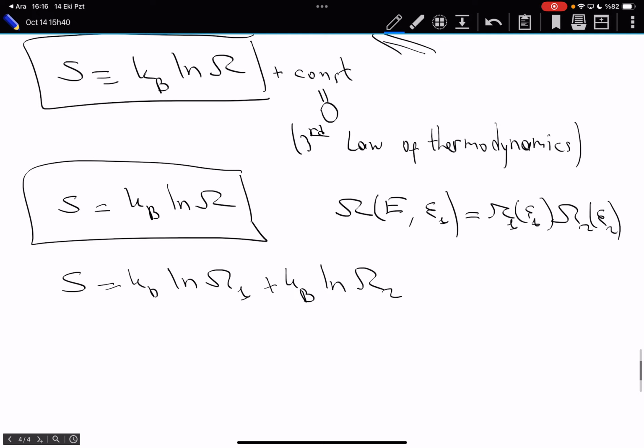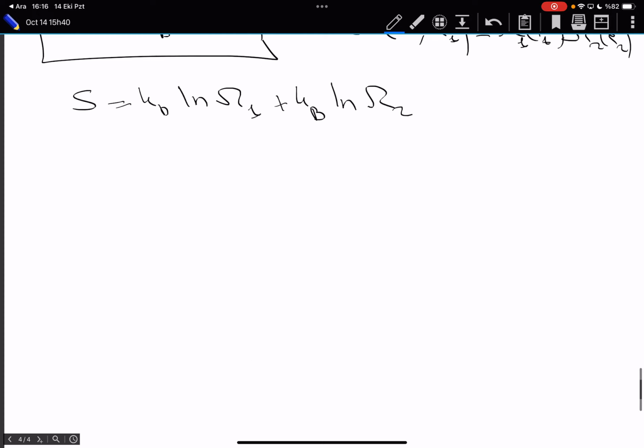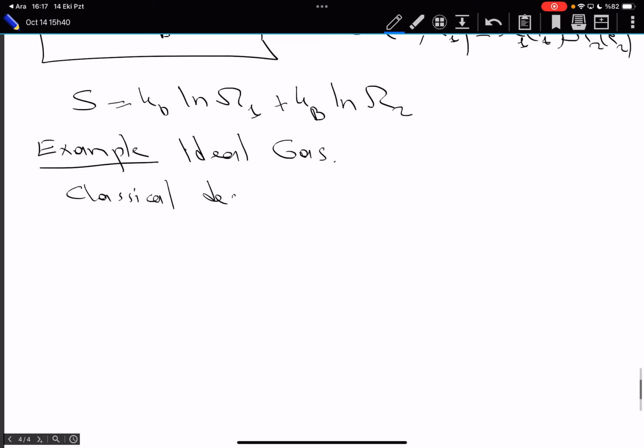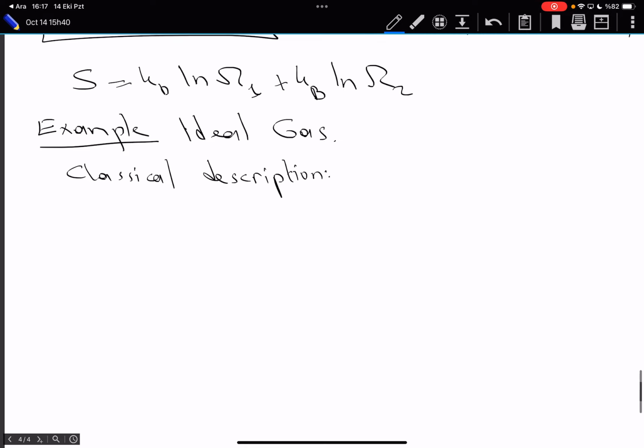Let's do an example. Most of the time, whenever we are studying a new method, we will be looking at the ideal gas. Let's look at the classical description. We know the energy of the system.